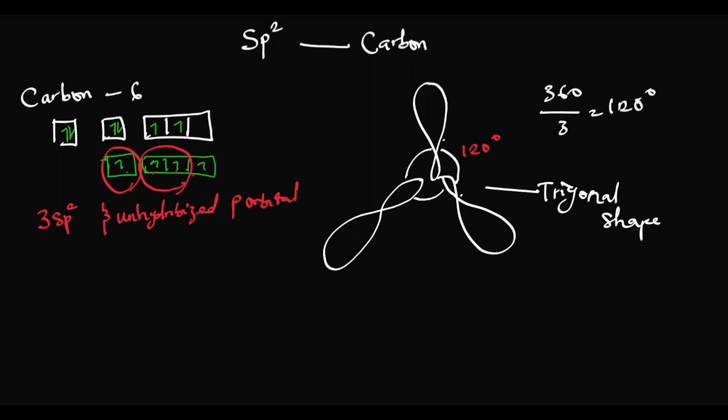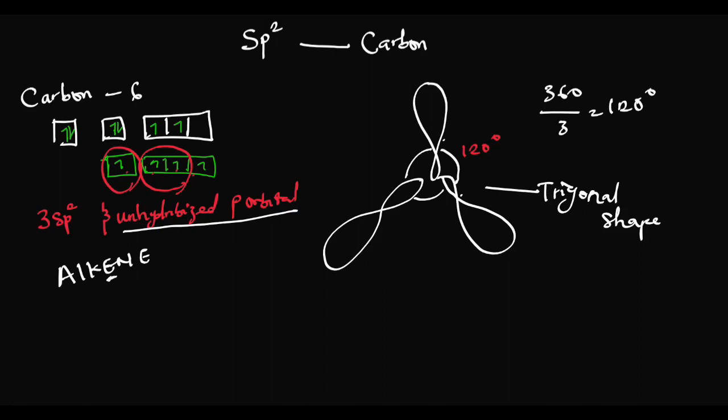Now let me give you the implication of this unhybridized p orbital that is here. What does it implicate on the structure? This is very peculiar to a particular compound known as alkene. Please take note of this E, unlike the other one that is A. So it's peculiar to alkene.